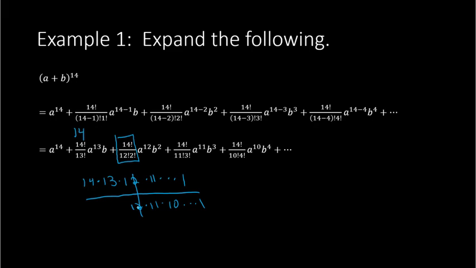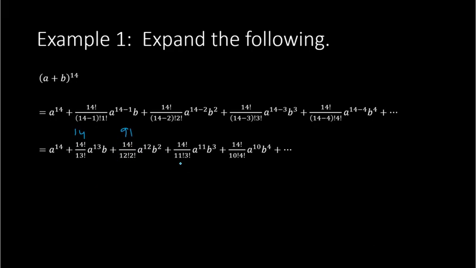So notice that the 12s, 11s, 10s, etc., all the way to 1 will cancel out. You're left with 14 times 13. But don't forget, you also have the 2 factorial down here. So 14 times 13 over 2 factorial, or 2 times 1. All right, so then 14 over 2 is 7. So we have 7 times 13, which gives us 91. So the coefficient there would be 91 for that third term.